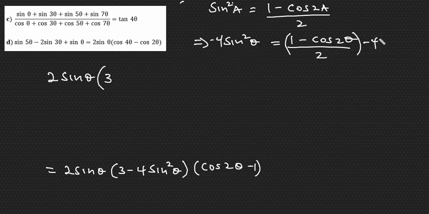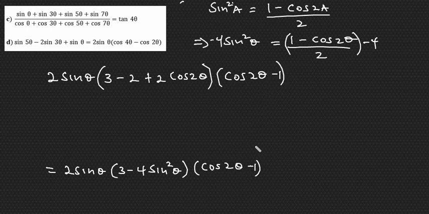This is negative 2 times 1, so we shall have a negative 2, then this is going to be a plus 2 cos 2 theta, and the other bracket is cos 2 theta minus 1.